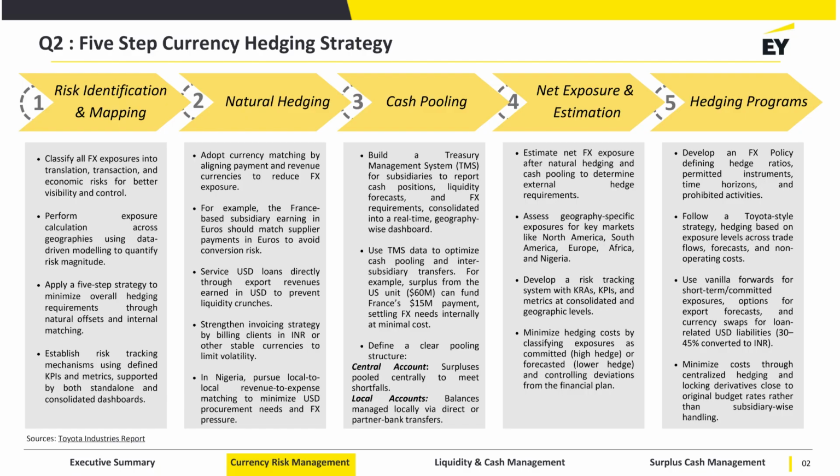Our second step of natural hedging takes into account currency matching across various subsidiaries. Over here, we look to match the revenues of the subsidiary to the expenses of the subsidiary.